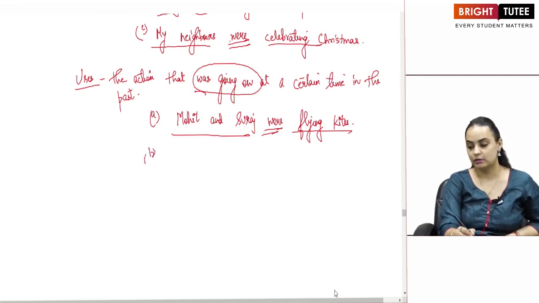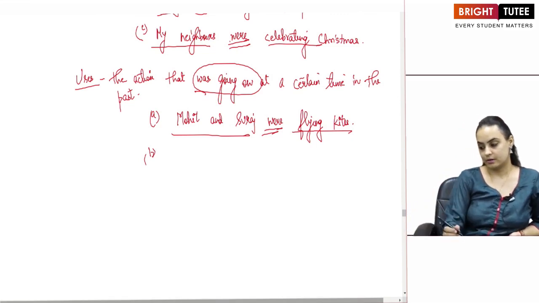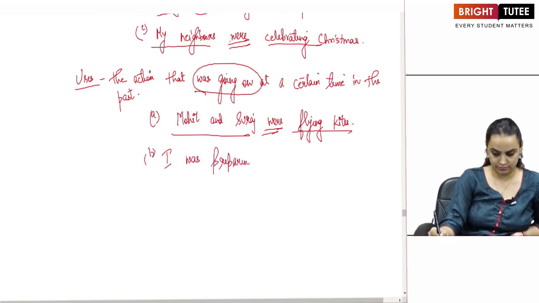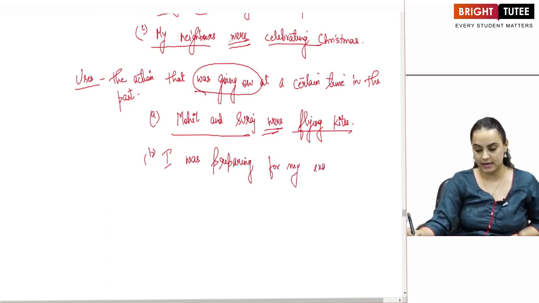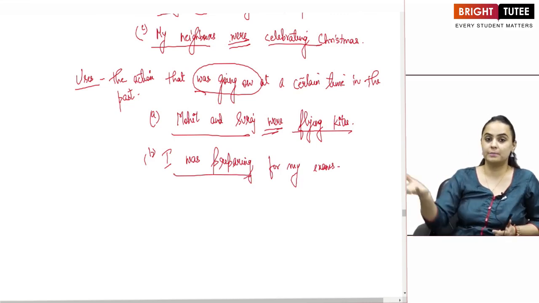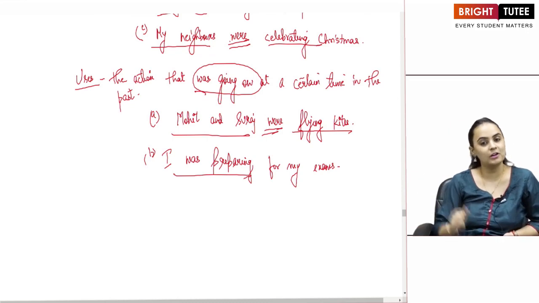If I give you another example for the same, if I say, I was preparing for my exams. So was preparing for some exam is again something that takes a very long time.